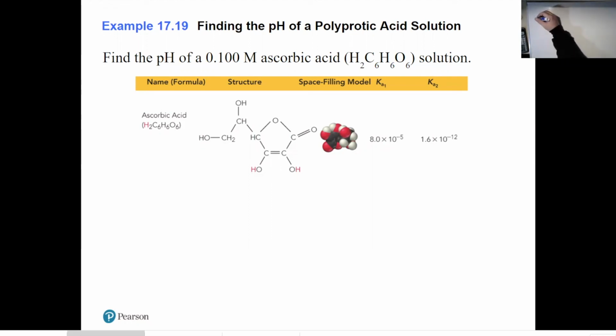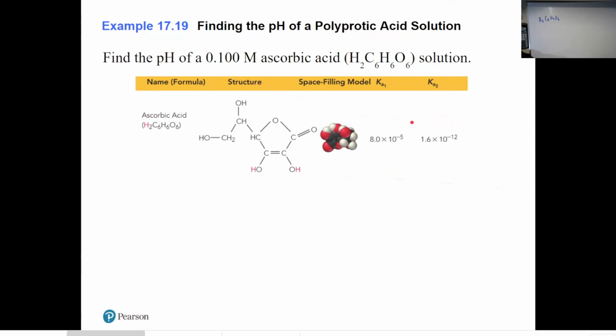The formula for ascorbic acid is H2C6H6O6. Now you see we have two Ka values. It's important to look at these two Ka values when you're working with a polyprotic acid and you have to do a calculation.